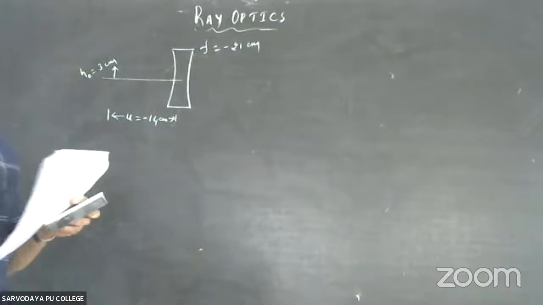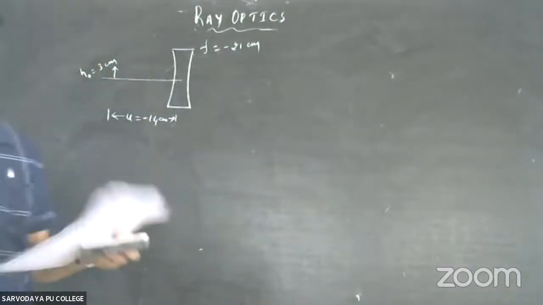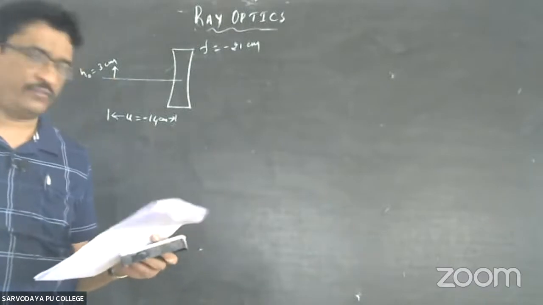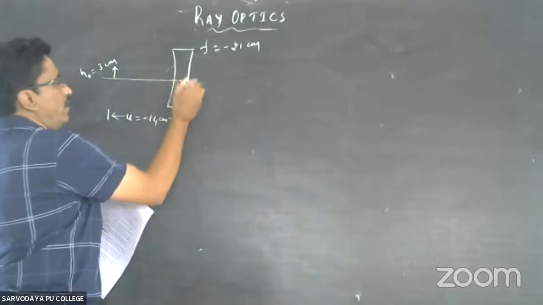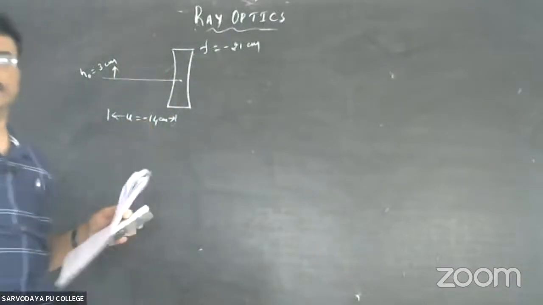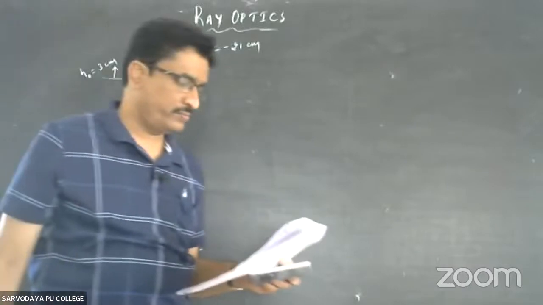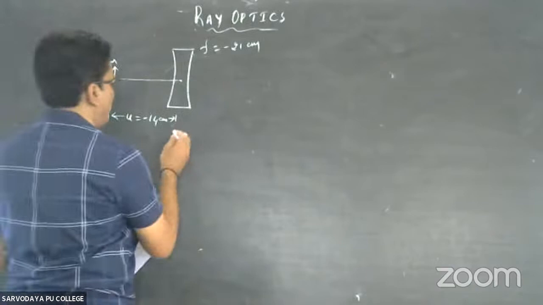It is negative because it is on this side, to the left. Therefore the direction of measurement from the optic center will be opposite to the direction of the incident light. Therefore minus 14.